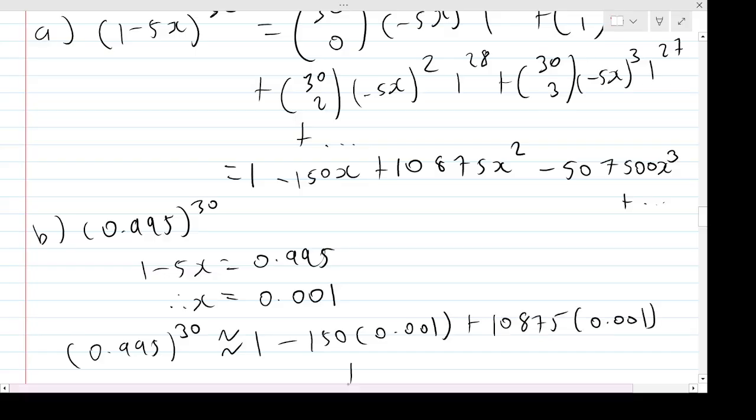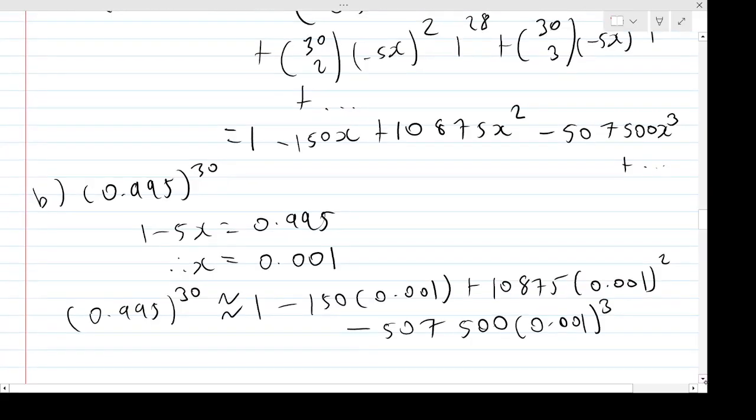Then lastly, we're going to take away 507,500 of 0.001 cubed, and that's a squared there, sorry.